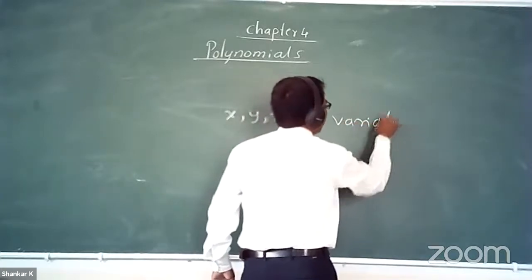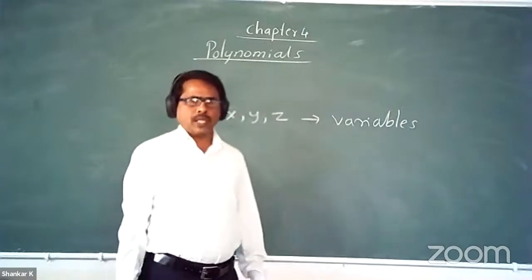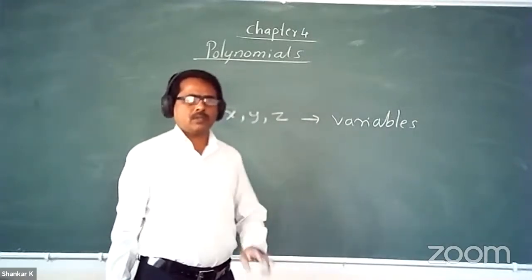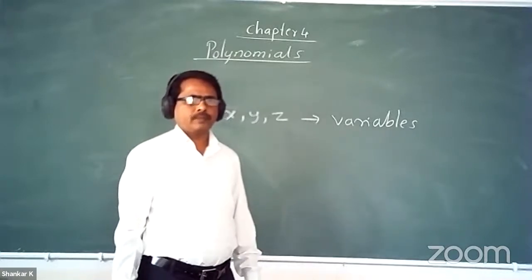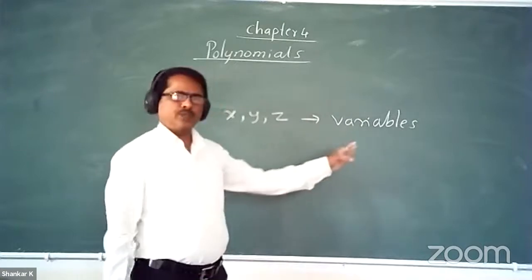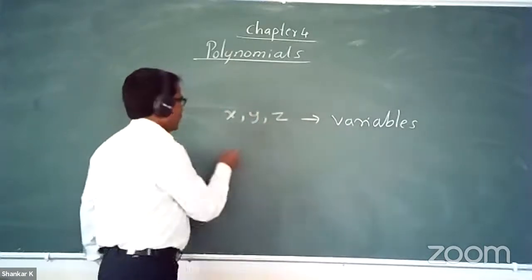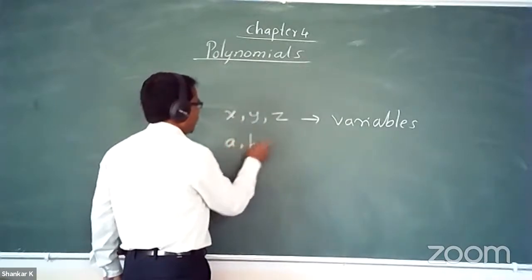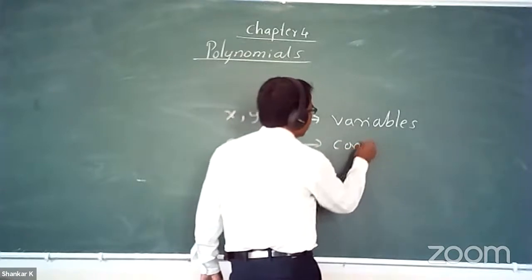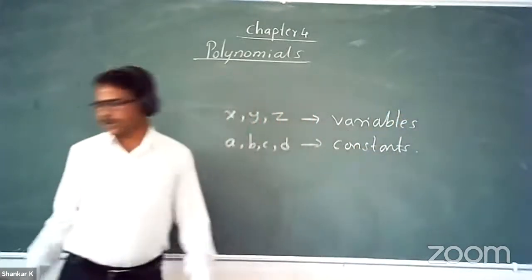And you are going to study expressions having a maximum of 3 variables, not more than that. Later you are going to use 4 variables. These letters are variables. And small letters a, b, c, d are used for representing constants. Okay?